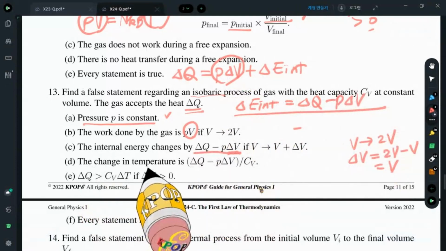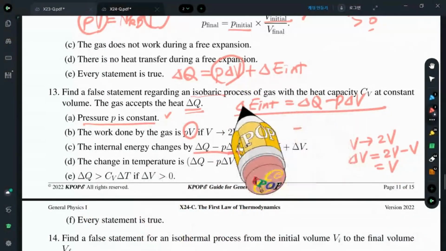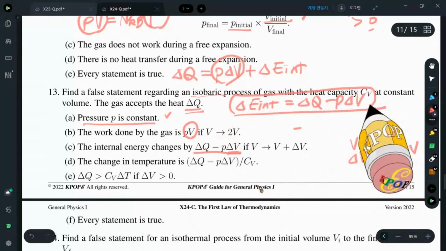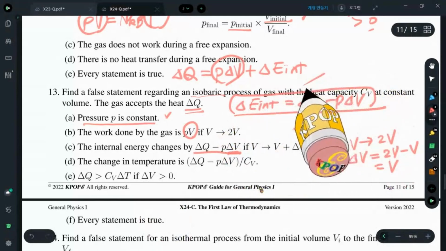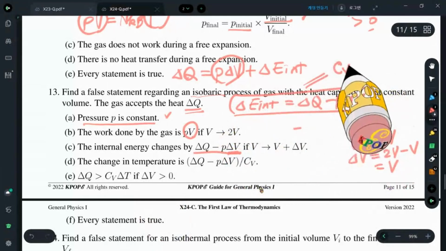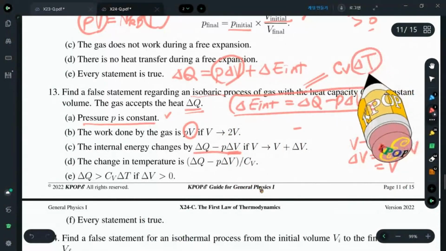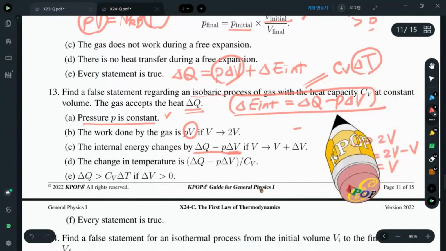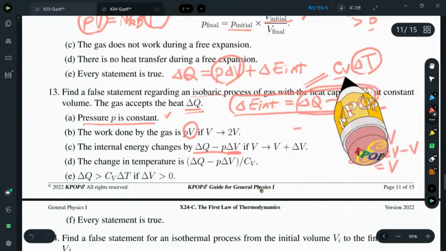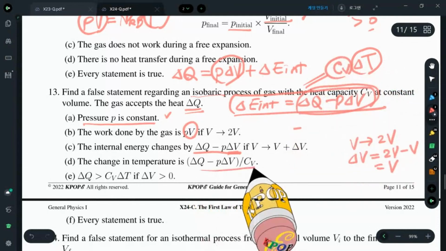The change in temperature: internal energy change is always expressed as CV delta T, so the change in temperature can be obtained by dividing this by CV. That's correct.